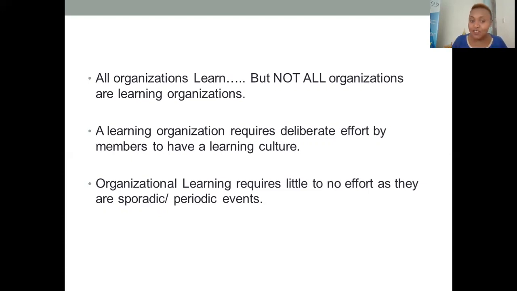It's not just periodic, it's not just sporadic, it's not just a one-time event. Learning is a culture. Every day, the organizational members are learning from each other, being very receptive to new information, being receptive to new ways of doing things, receptive to new tools, new techniques. Now, when an organization is like that, we say they have a learning culture.